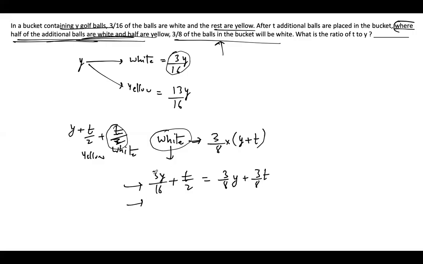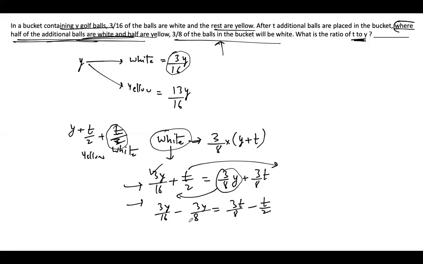You need the ratio of T to Y, so you need to put all the T terms on one side and all the Y terms on the other side. So 3T/8 minus T/2. In the denominator you see 8 and 16. Now I'm multiplying by 2 here, and by 4 here.